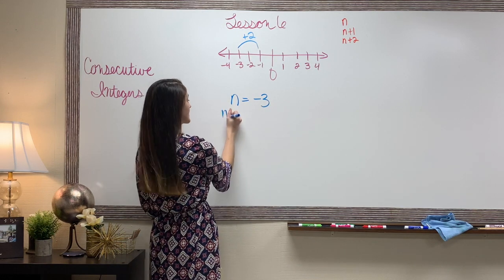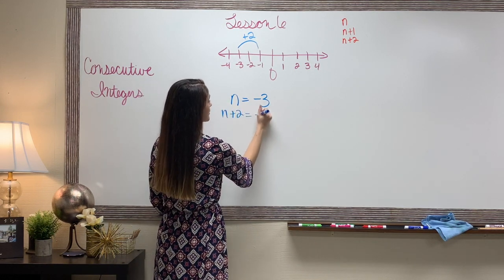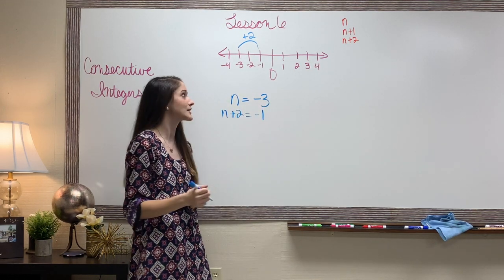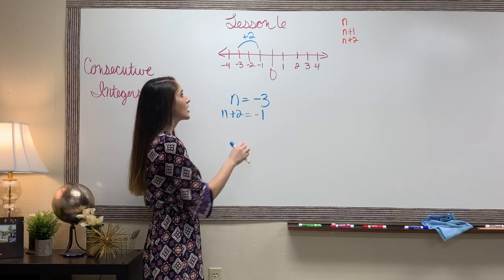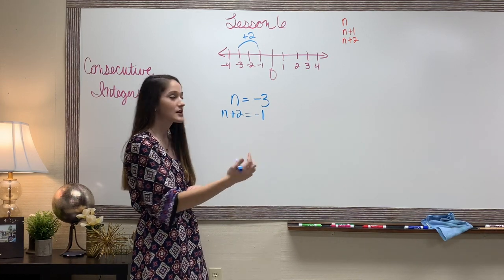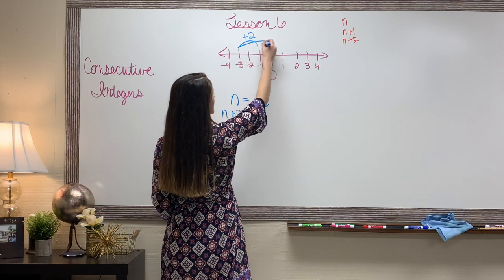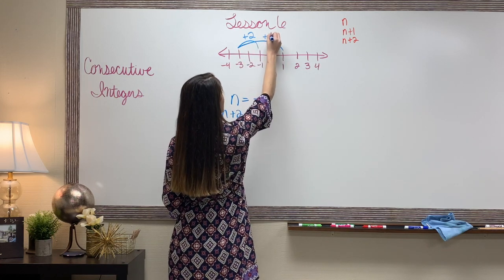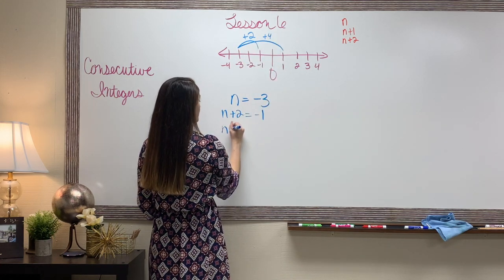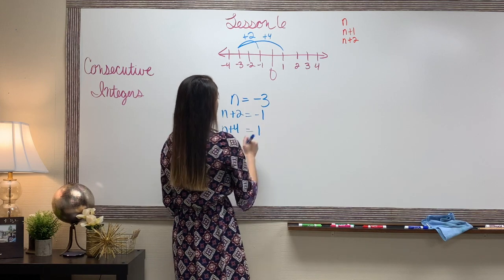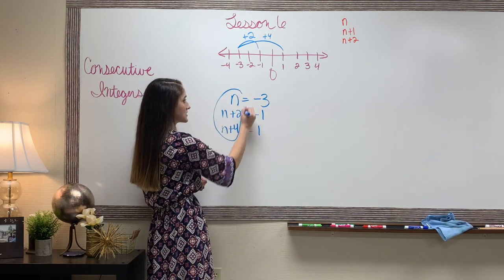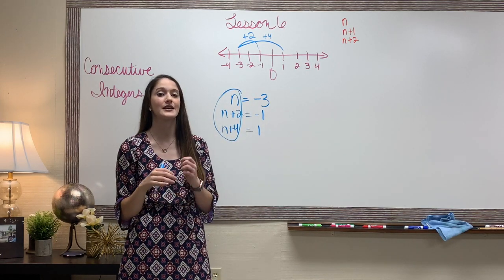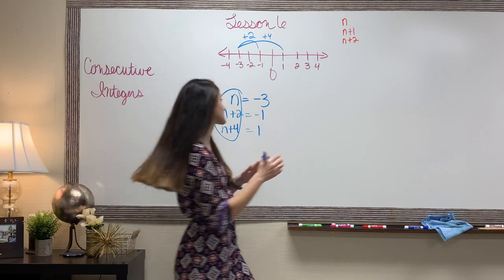So I would say n plus 2 would get me my next consecutive odd integer. Okay, how do I go to the next one? I would go from -3 to +1. That's plus 4. So this is our layout that we use when we are working on finding consecutive odd integers.